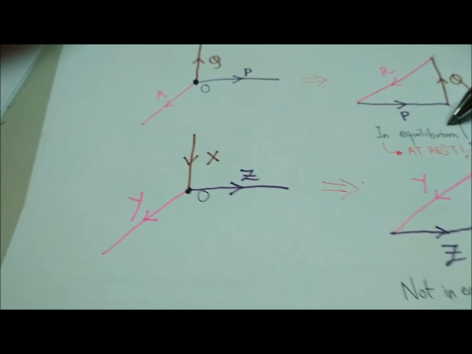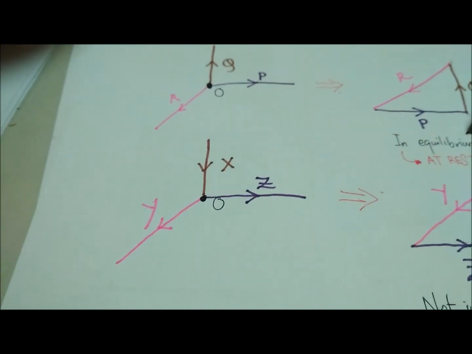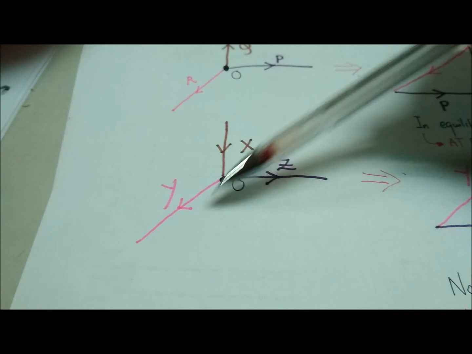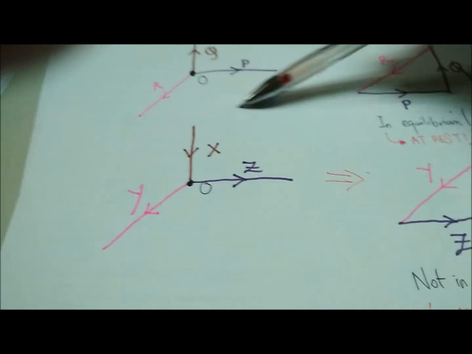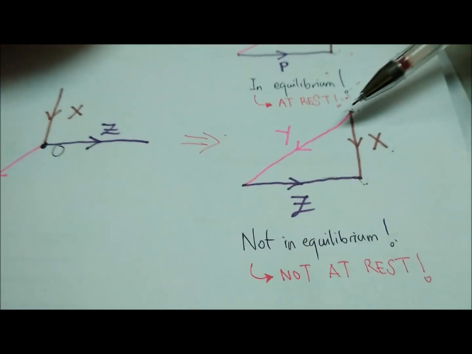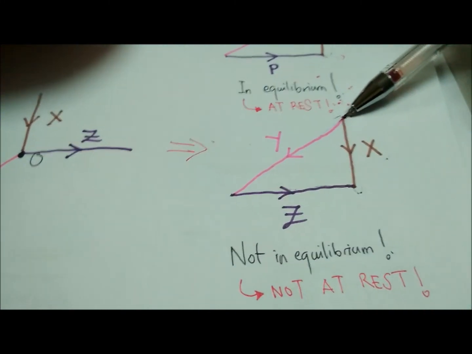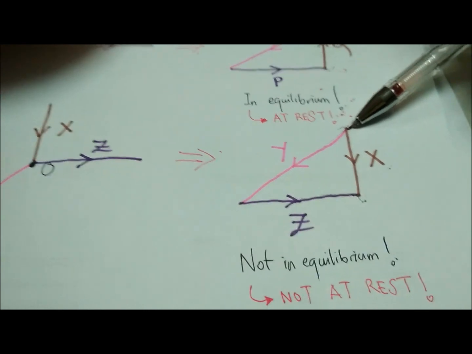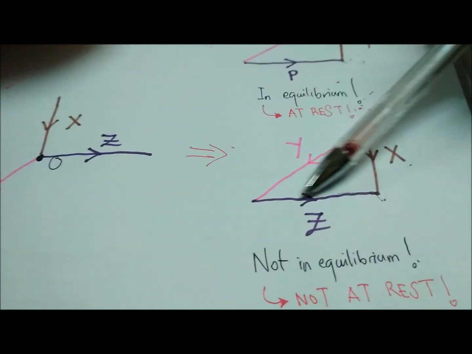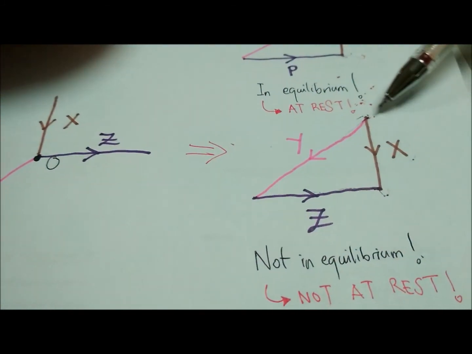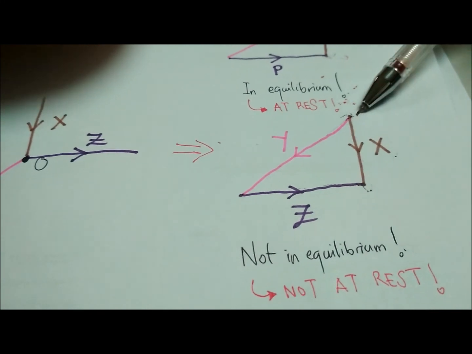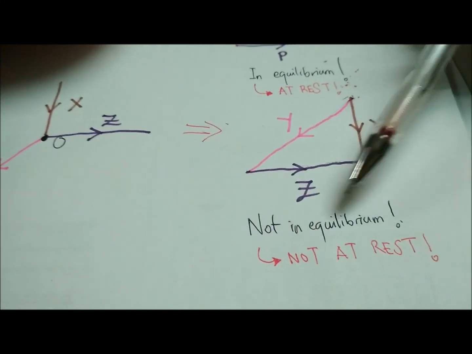And then another situation is that if the forces are given like this, X, Y, and Z, and you combine all these three forces to form a triangle, and the arrows are going in more than one direction, like this one, Y is going this way, Z is going this way, however X is going this way, so there are two directions here, it means that the object is not in equilibrium.